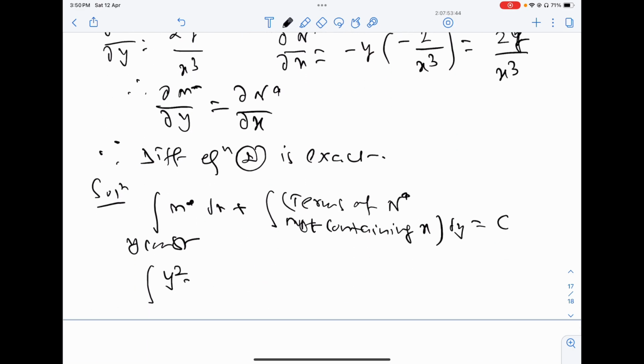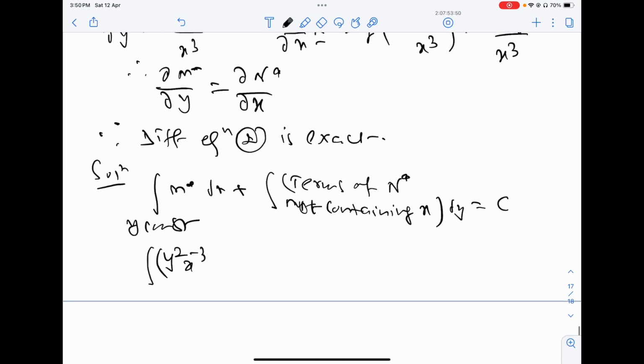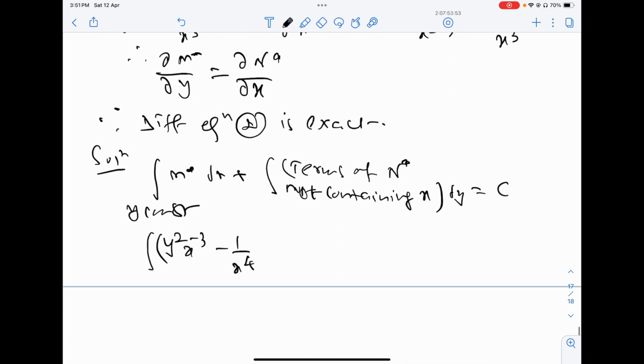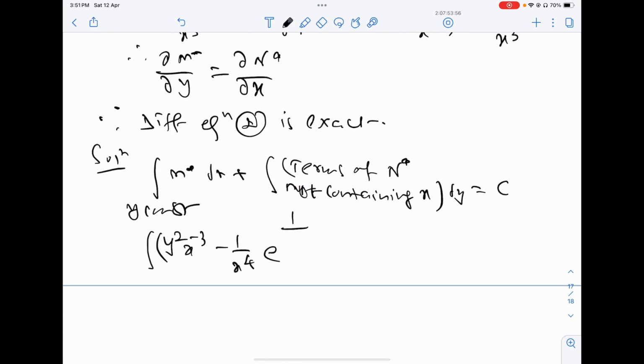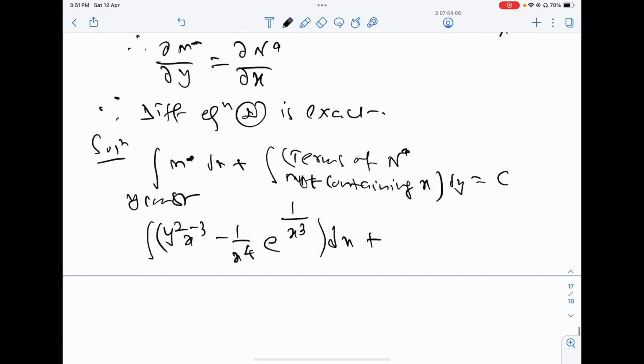We can write like this, x power minus 3, then minus 1 over x power 4 e to the power 1 over x cube dx, and only one term in N contains x, so we don't have any term.